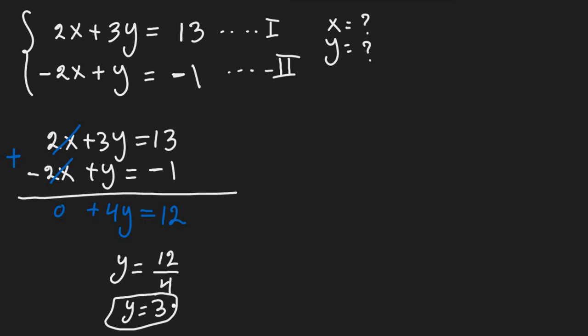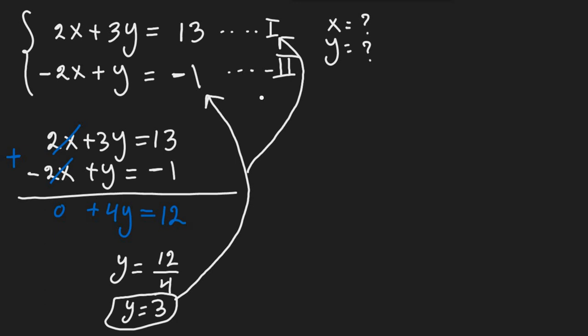Now we found y, we want to find x. So we can substitute this y inside the second equation or inside the first one. You can choose any one you like.